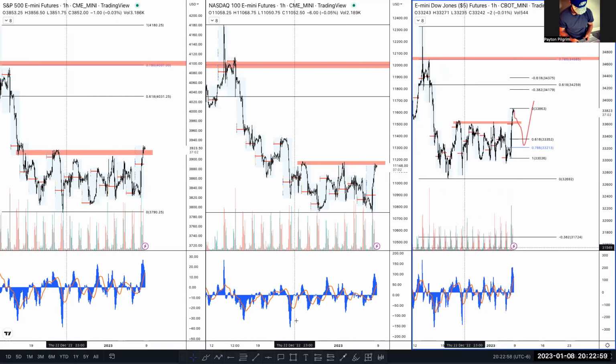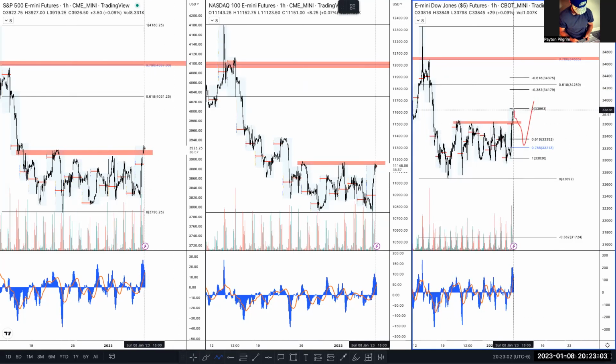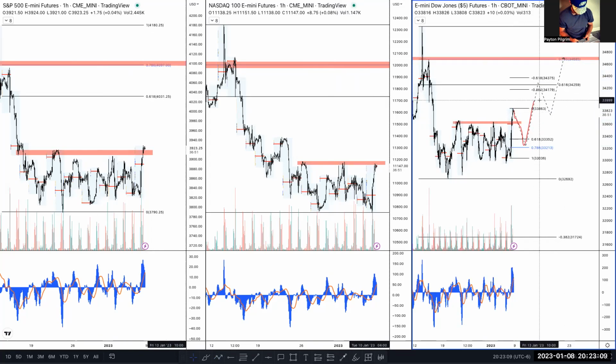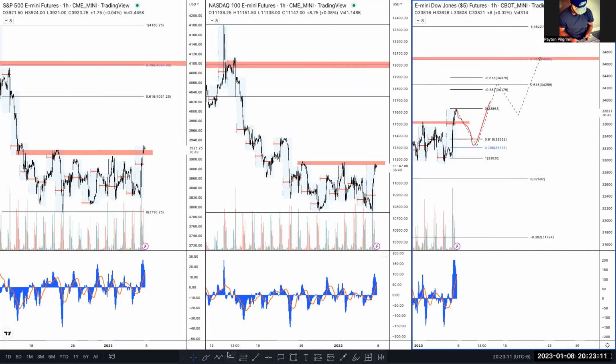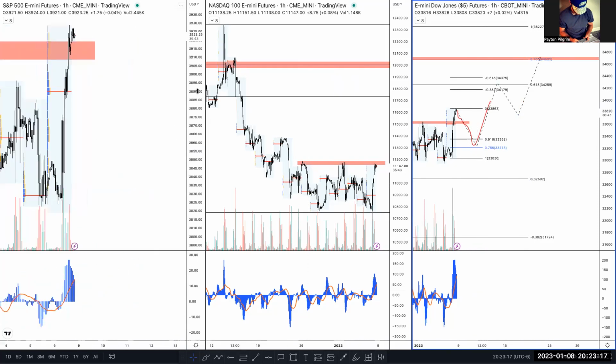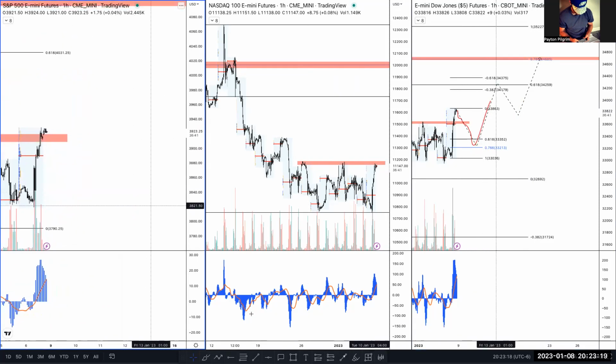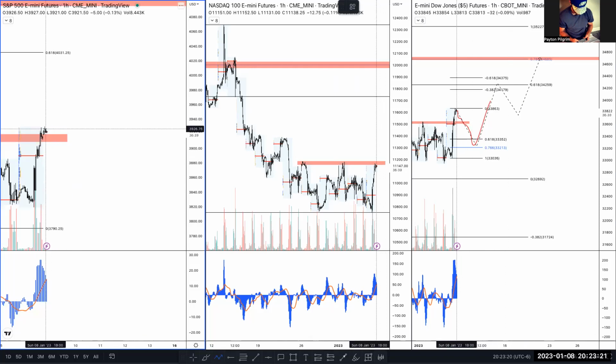The ultimate trade is going to be if we do catch this move here and then it waves up 1, 2 like this. If we get this type of look on any of the indices, I really don't want it to be this one. So I'll show it on the one I want it to be. The S&P 500.